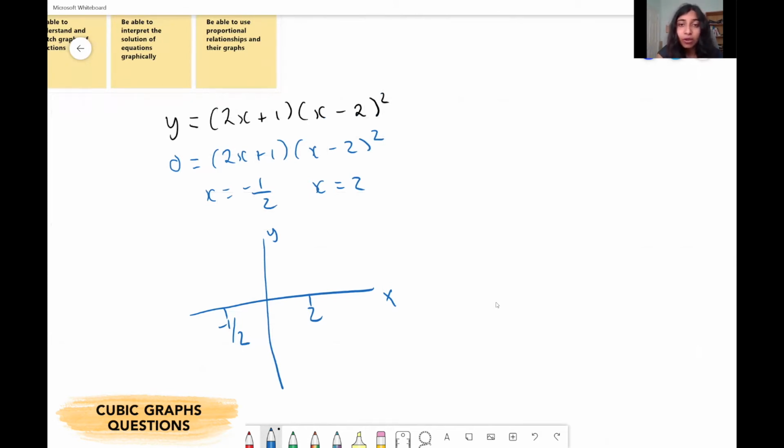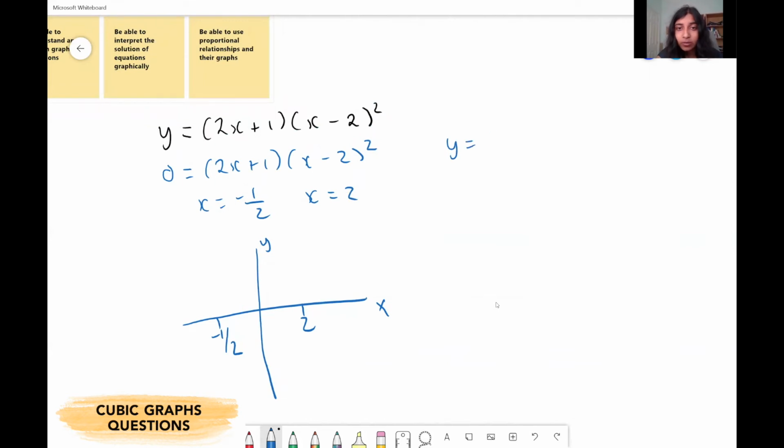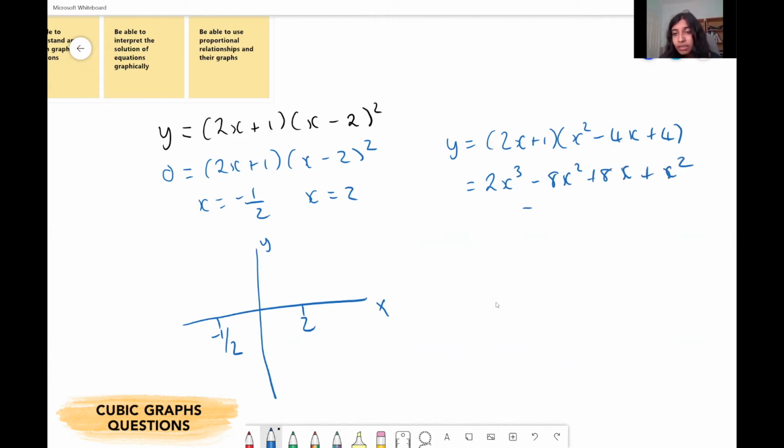So if we expand the whole expression out, we'll get 2x plus 1, and then you'd get x squared minus 4x plus 4. Then if we expand this further, you get 2x cubed minus 8x squared plus 8x plus x squared minus 4x plus 4.